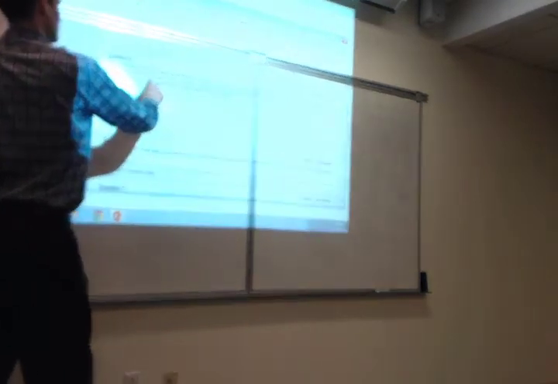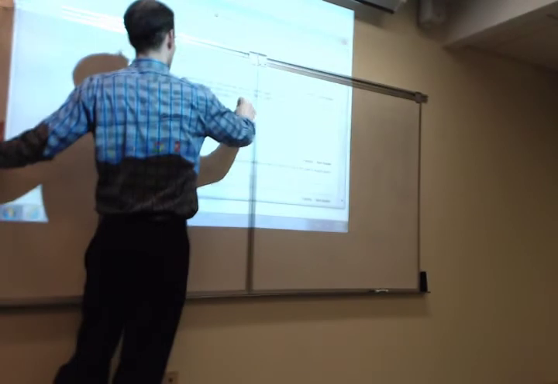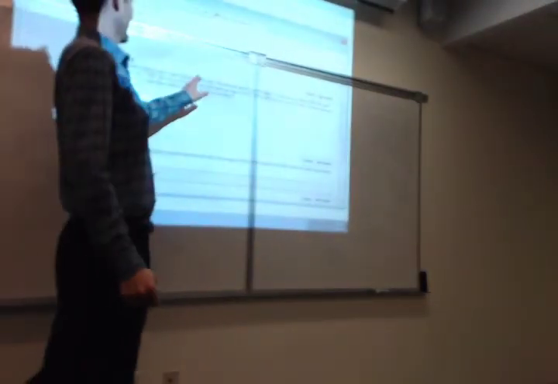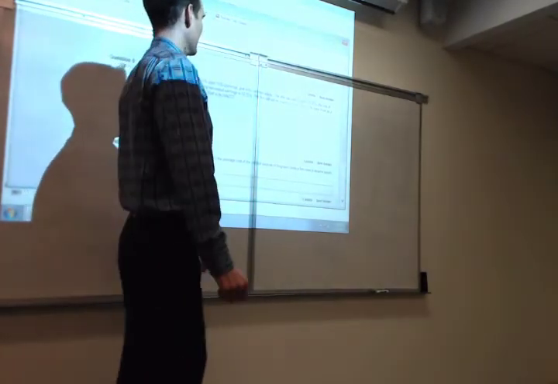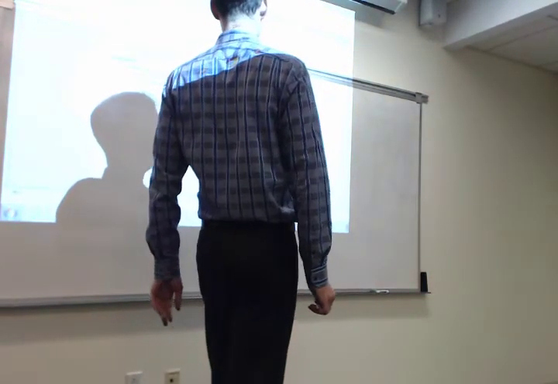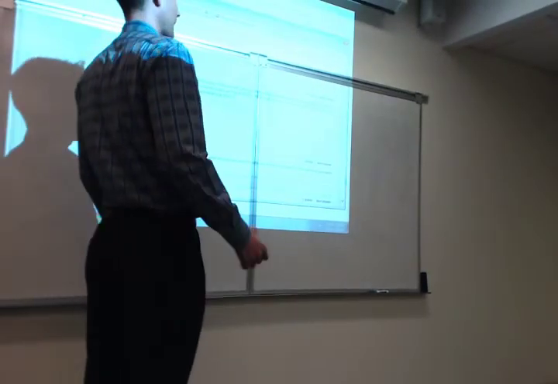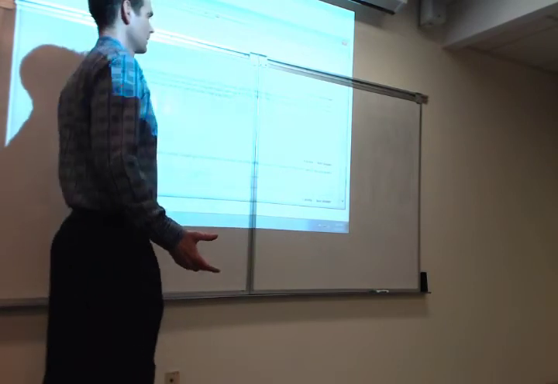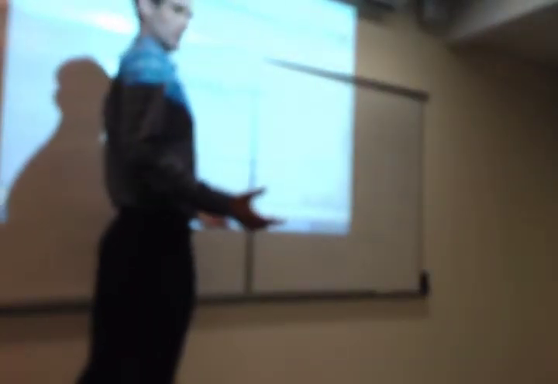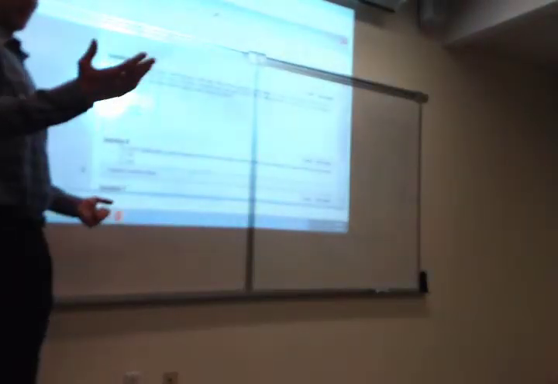So that looks good to me. We know that the cost of preferred is 7.5. The cost of common is 12.75. We have the weights. Only question is, what is this after-tax cost of debt? Do we need to make an adjustment to that? Or is that the number we use? That is the number we use.